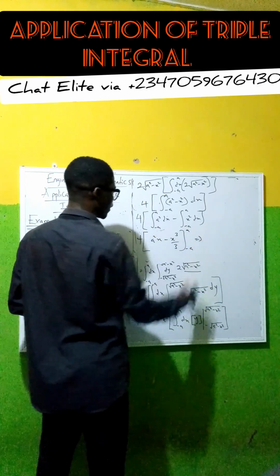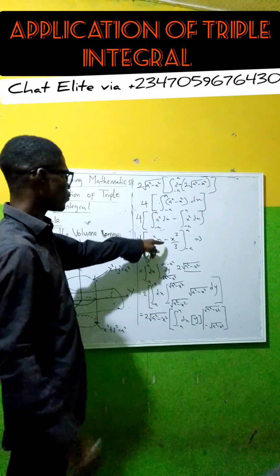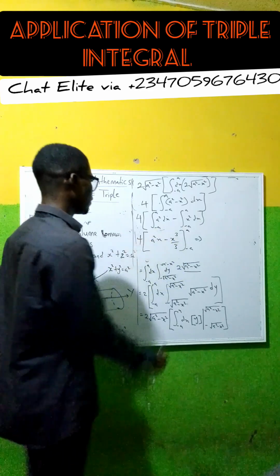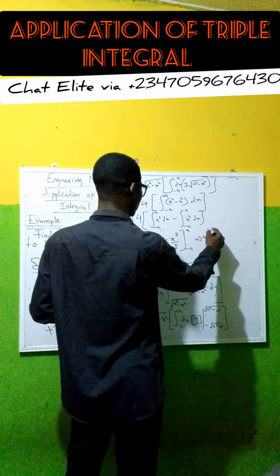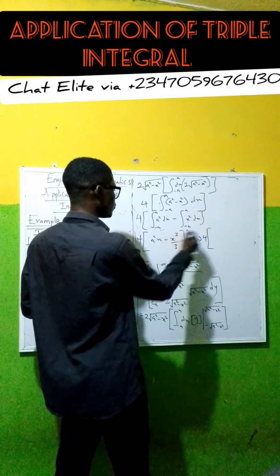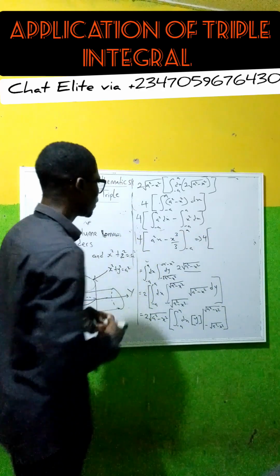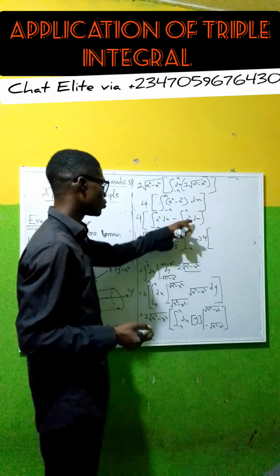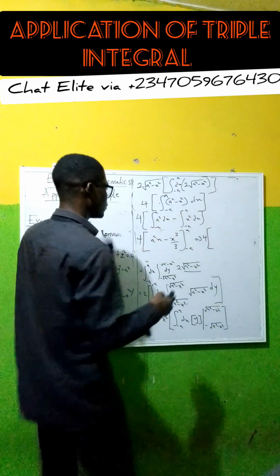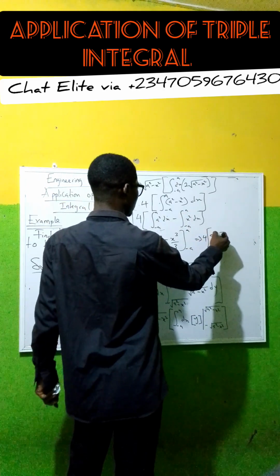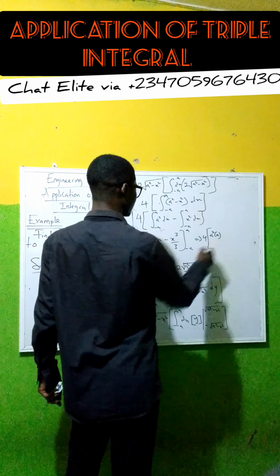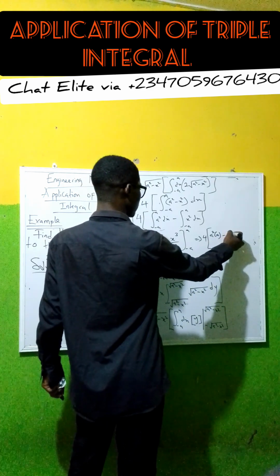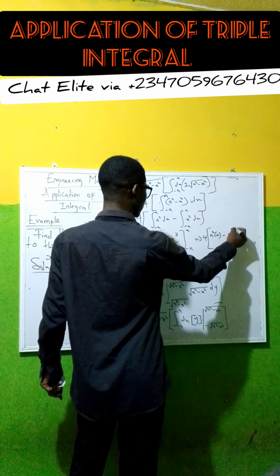So which implies, now if we substitute these limits here, this comes first. Anywhere we see x, we are going to input here because we integrated with respect to x. So it becomes what? A squared into a, minus a cubed over 3.